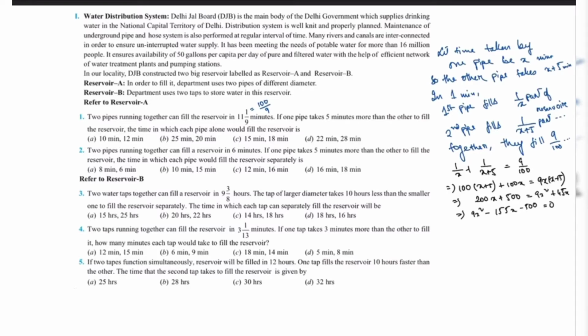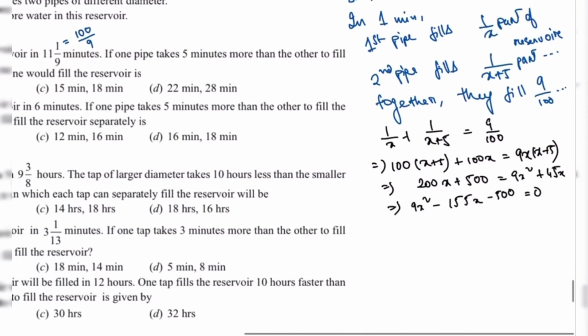So why is that the case? 100 by 9, that's just fine. Must be a mistake that we are making somewhere. Okay, let's see. x times x plus 5, 100 times x plus x plus 5. If we multiply it like that, we have 100 times x plus 5, we have 100x. So that is 100x plus 100x is 200x.